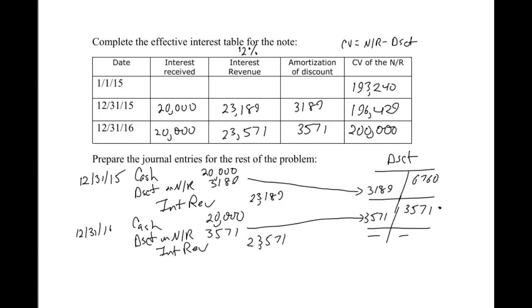But then also on the last day, we need to receive our payment for the note. They're paying us back the $200,000, and we close out the note receivable, $200,000. So once again, this is now zero. My discount account is now zero. So everything with the note has been closed out. We're done with this note and we're good to go.